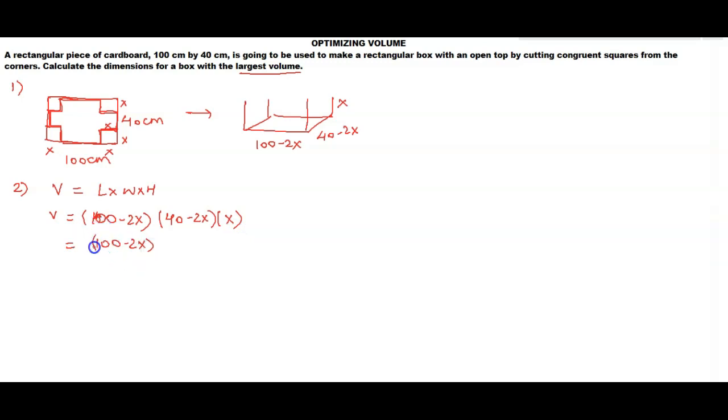Finally, we will be left with an equation: 100 times 40x is 4000x. 100 times negative 2 is negative 200x squared. 2 times 40 is negative 80x squared. Negative 2 times negative 2 is positive 4x cubed. I simply arrange it in polynomial equation form, and this is what I'm left with.